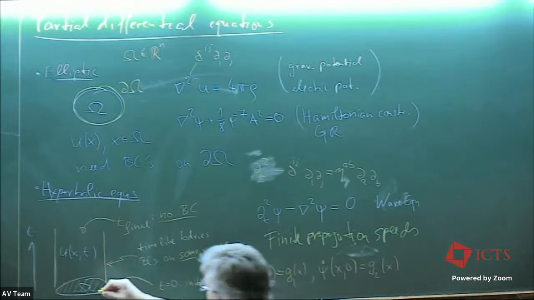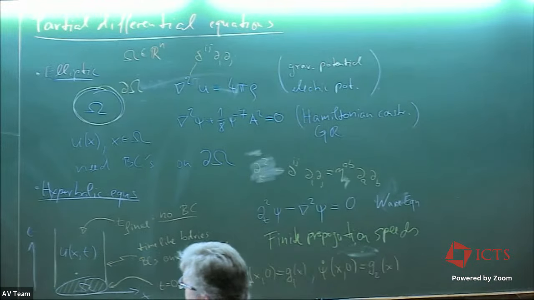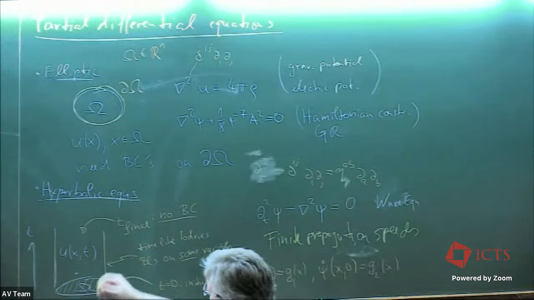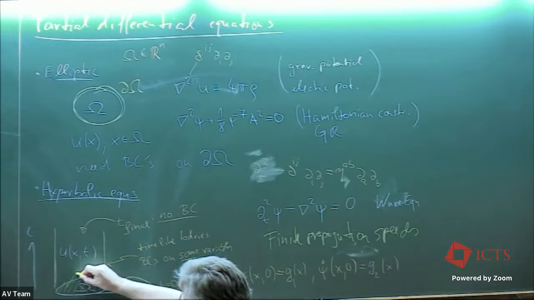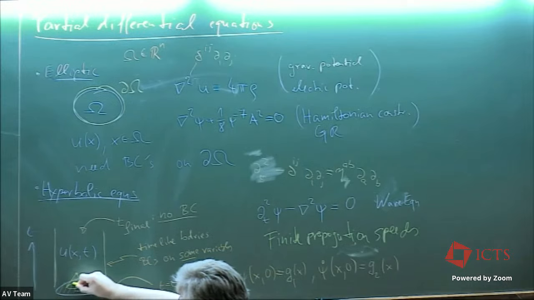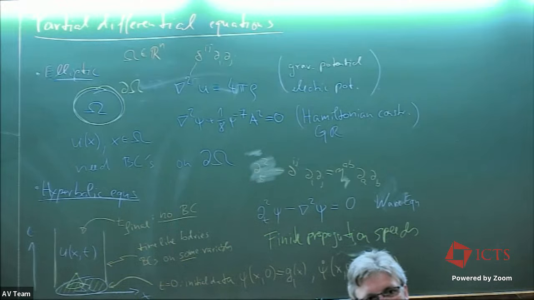So for instance, if I have a point here in the space-time volume, it will only be affected by whatever happens in the past light cone or propagation speed cone of whatever is the fastest propagation speed in the hyperbolic system.